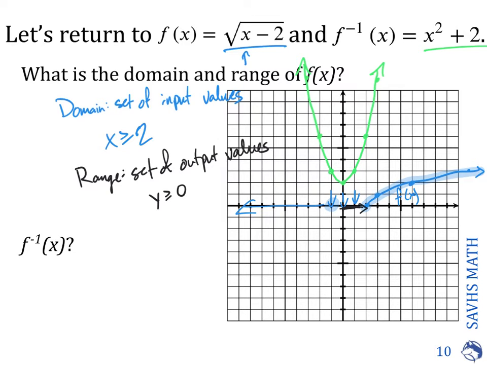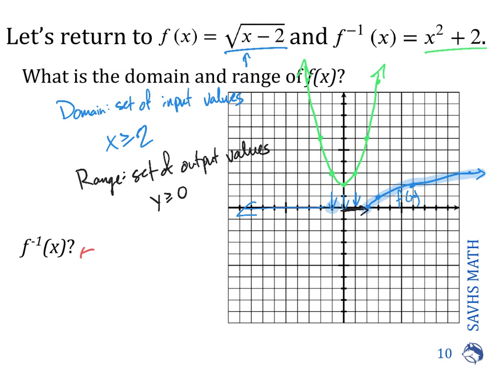Because what we said was, the x values and the y values trade roles. The y values become the input values and the x values become the output values. And so we could say now that when we look at the inverse function, the domain is x is greater than or equal to 0, because we're taking this range that was the set of output values and making it the set of input values that you're putting in.